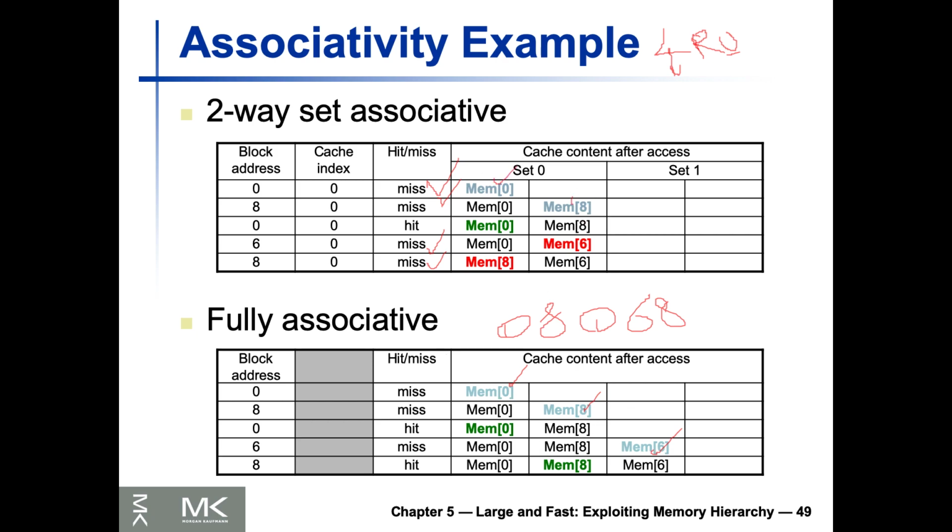Okay. The fully associative one has 4 cache blocks, all of them in a single set. So that's why we don't have any notion of a set. And in this example, it has the best performance.